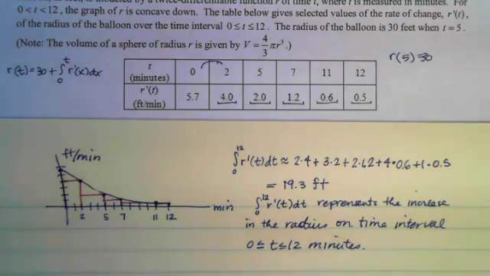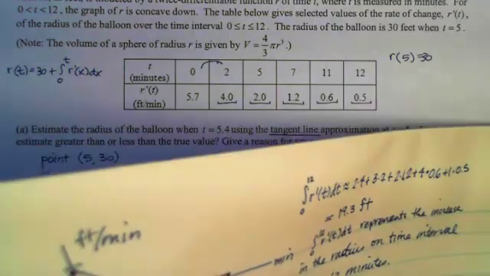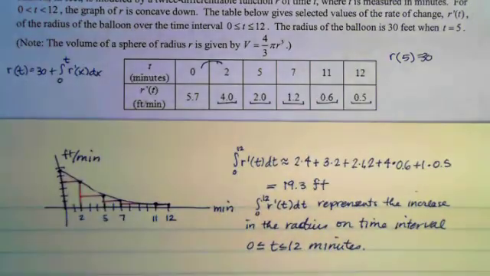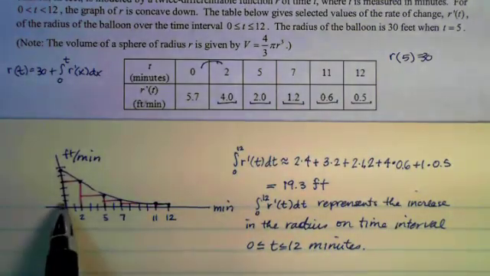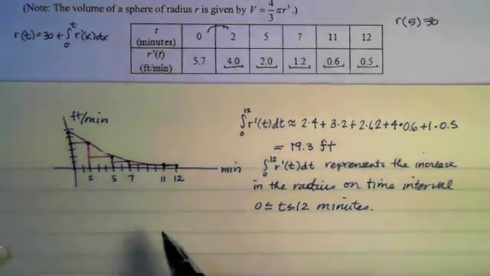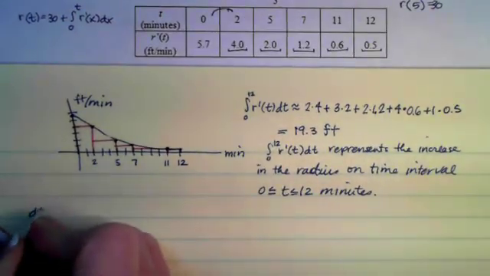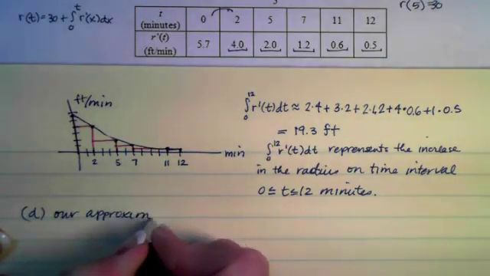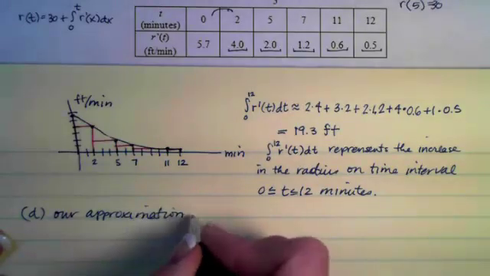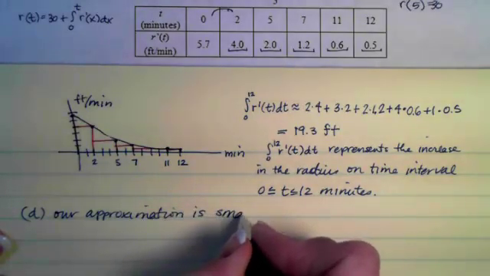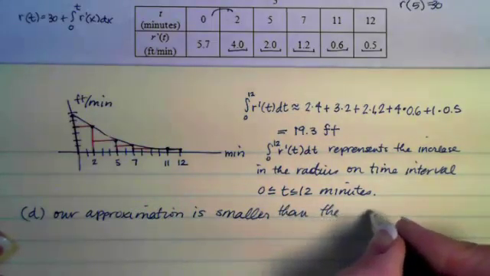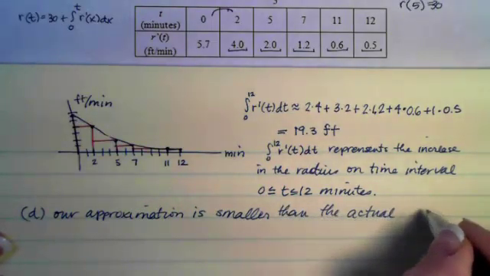Okay, last part, D, asks, is your approximation in part C greater than or less than the actual value? If we look at our approximation and our picture, we can see that the rectangles are all underneath. So for part D, we could say our approximation is smaller than the actual value.